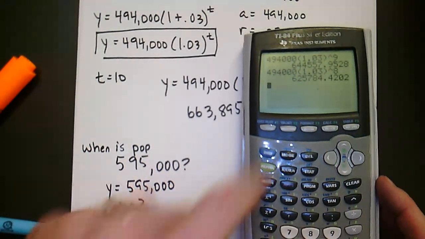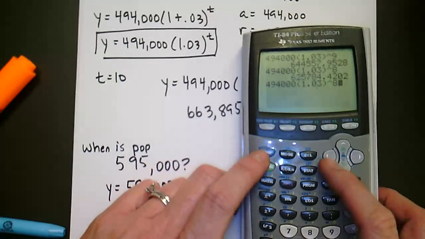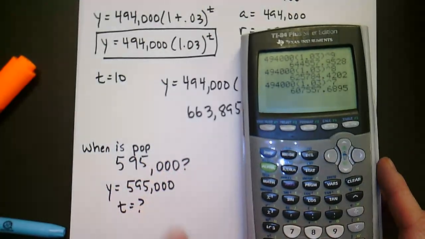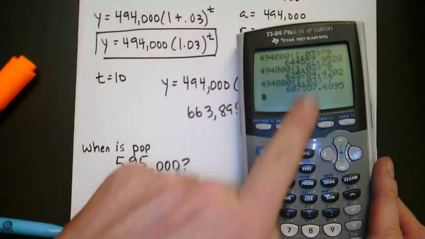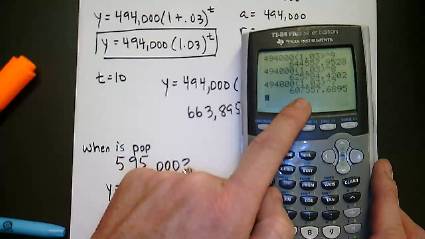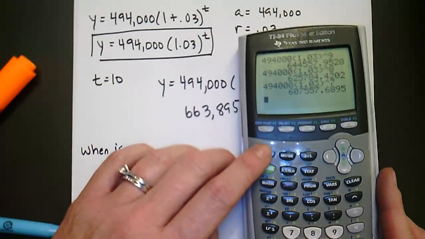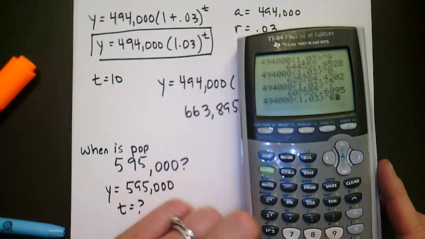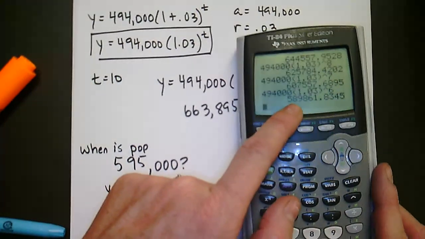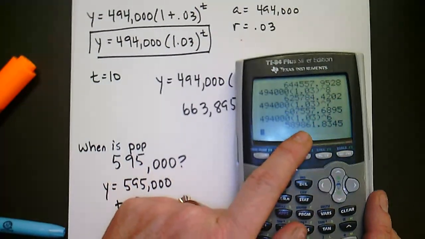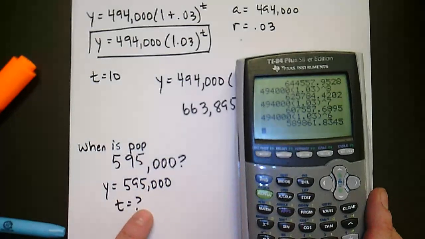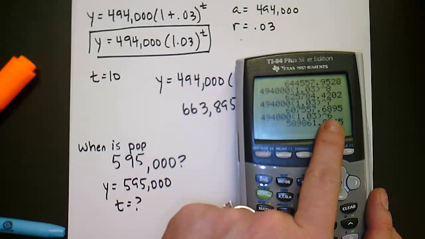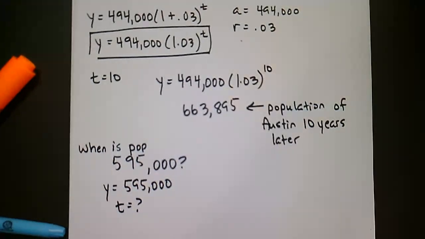I'm over 600, so I'll keep going down to 7. Only barely higher, at about 607,000, and I want to go to 595. So let's go to 6. Now we don't hit it there, but we get to about 589,000.